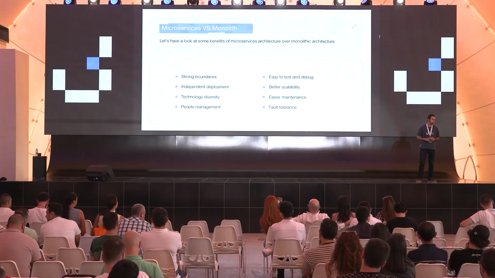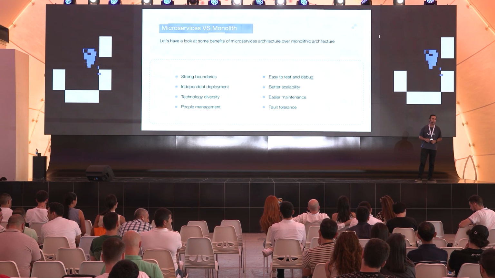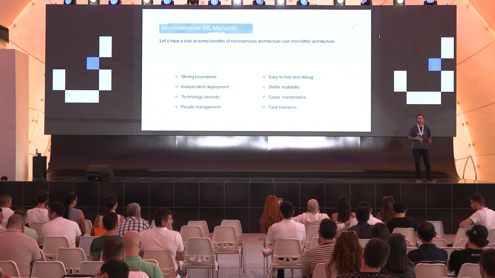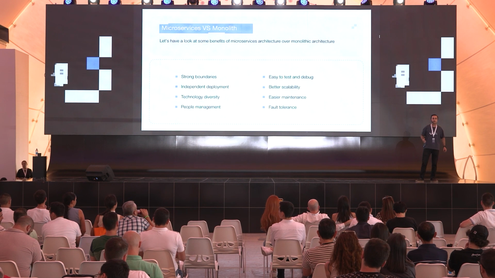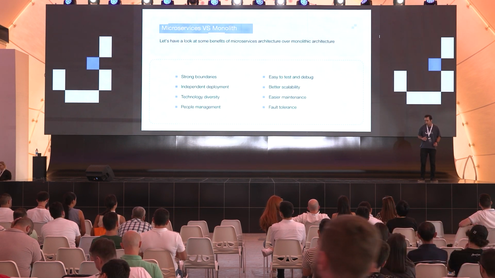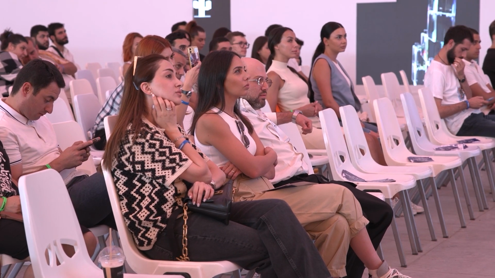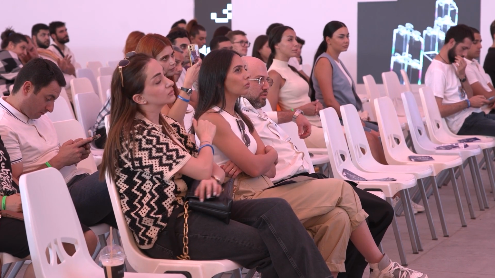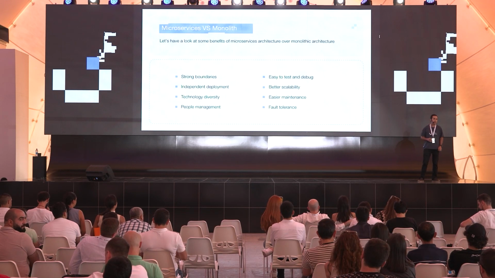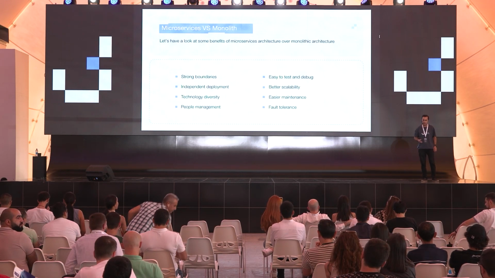People management also can be easy in this case because different people or different teams can work on different platforms without interacting with each other. Microservices are easy to test. They have better scalability, easier maintenance, and fault tolerance capabilities.